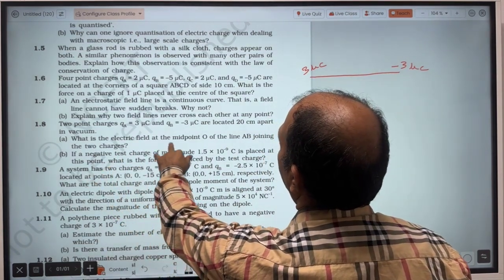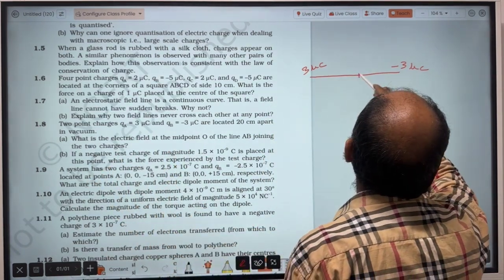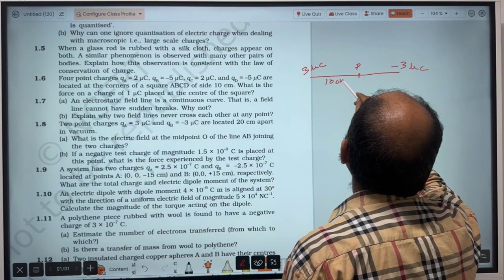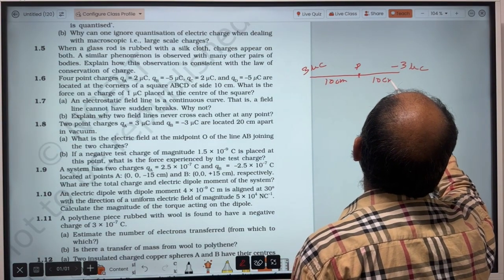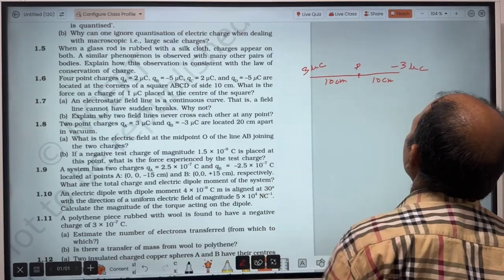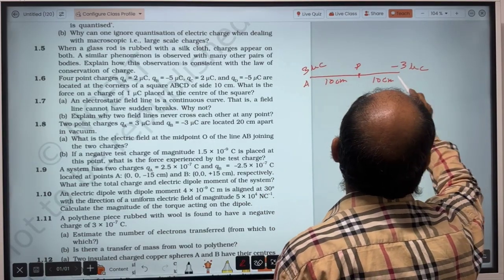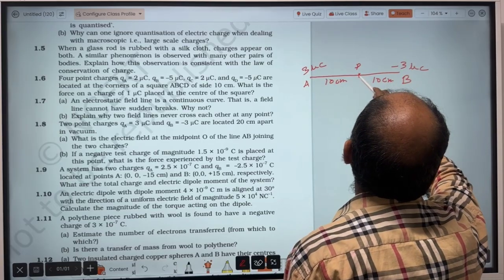What is the electric field at the midpoint? We are taking this point P. This is 10 cm, this is 10 cm. At this point we have to find the electric field. This is point A, this is point B.